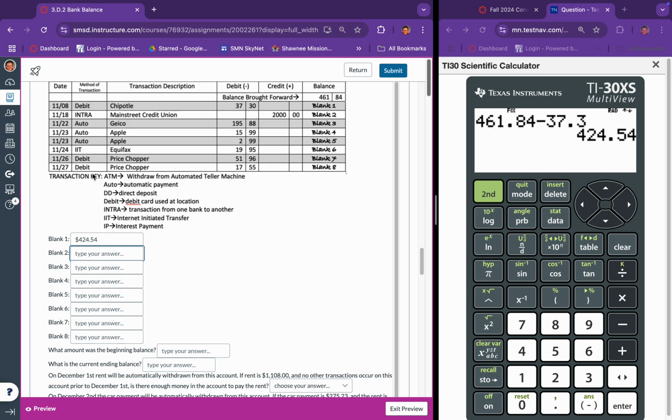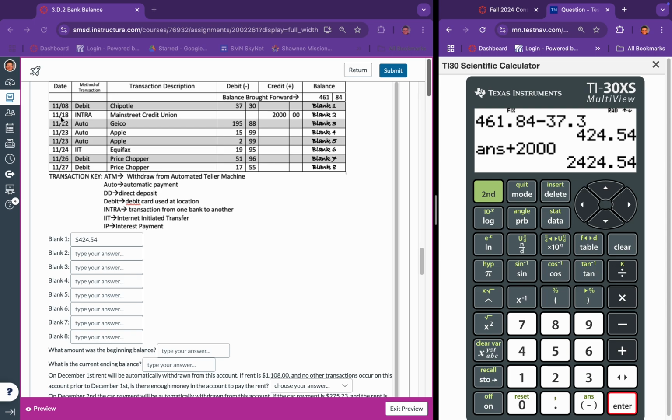Then on November 18th, we had a transaction from another bank, and Main Street Credit Union put $2,000 into your account. So that was money that was added to your account. So we're going to go plus $2,000.